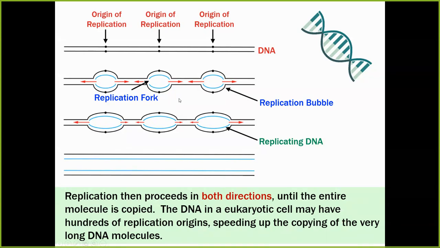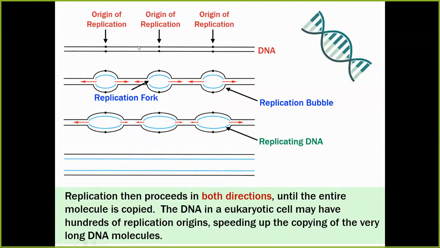So the replication then proceeds in both directions until the entire molecule can be copied. DNA in a eukaryotic cell might have hundreds of replication origins. And again, this speeds up the entire process for copying really, really long DNA molecules.